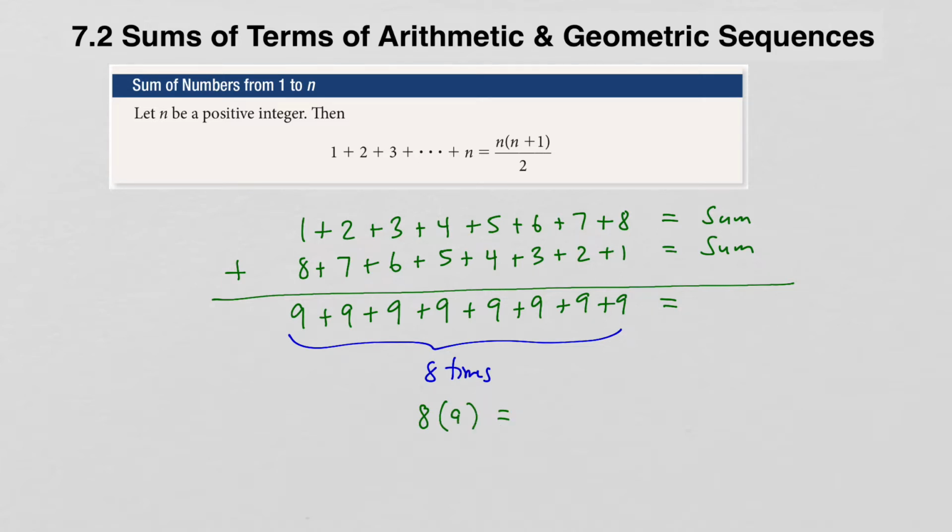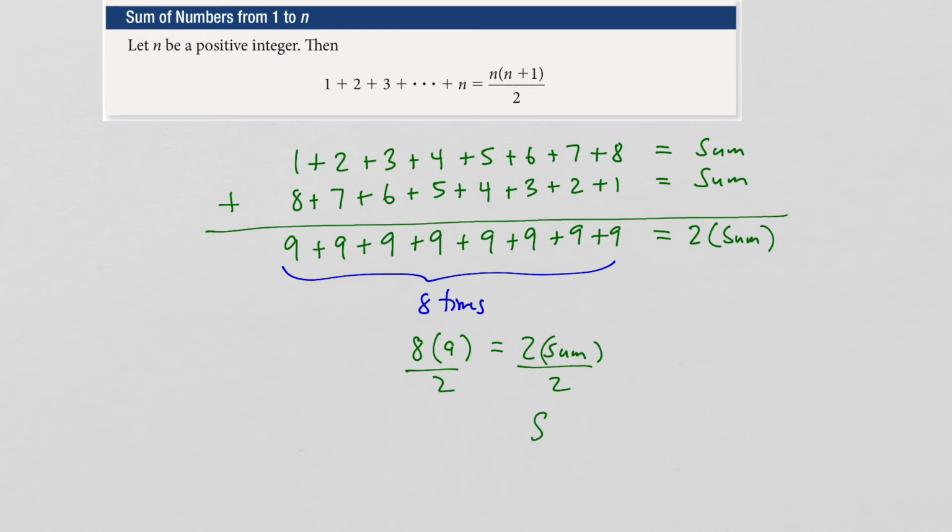But you have to realize that what we did is we added these two sums together. So we have the sum plus the sum, so that's going to be 2 times whatever that sum is, right? So if I want to know what is that original sum, I need to divide both sides by 2. And so the sum of the original numbers that we had is 8 multiplied by 9 divided by 2.